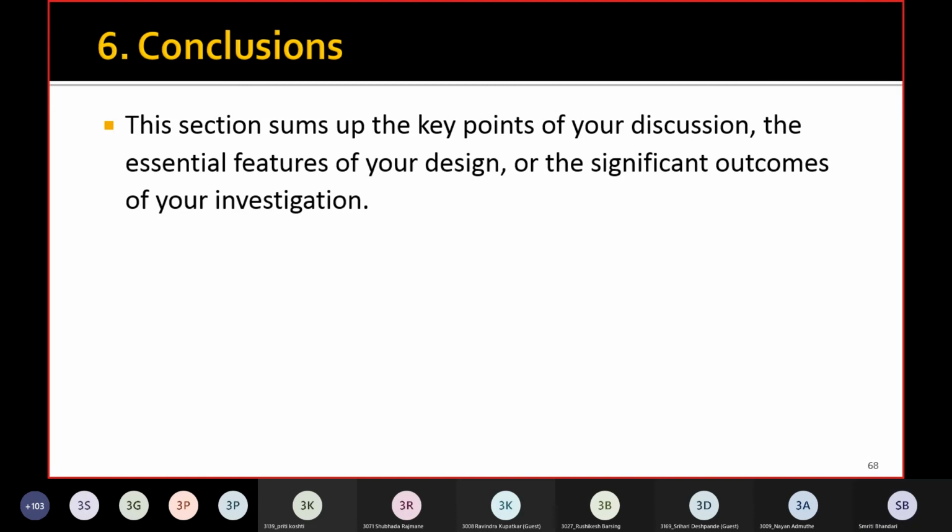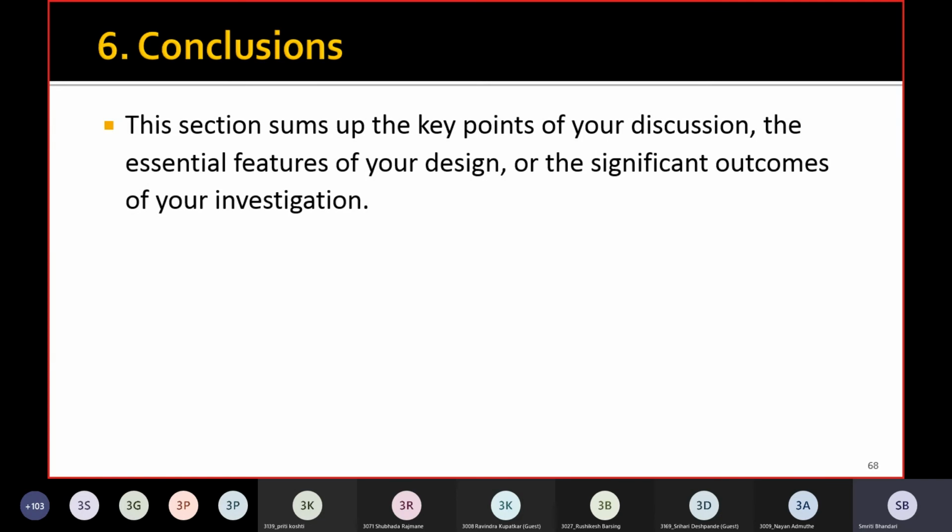Your project gets assessed based upon to what extent you have achieved your objectives, right? You have listed your objectives initially, then you have implemented the project to achieve those objectives, right?